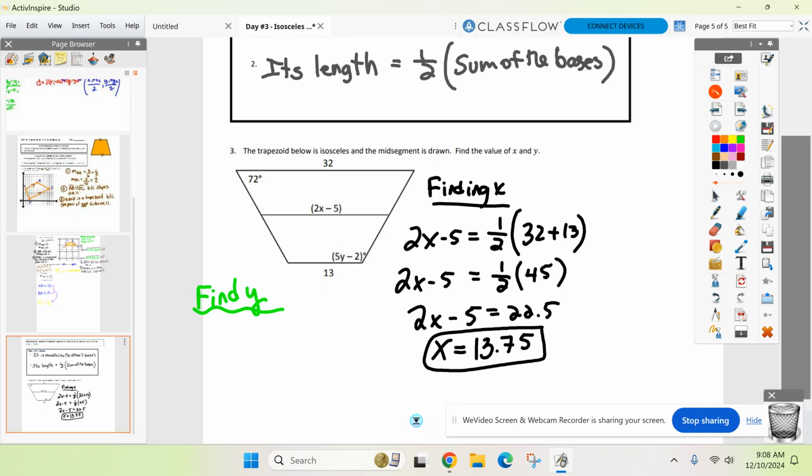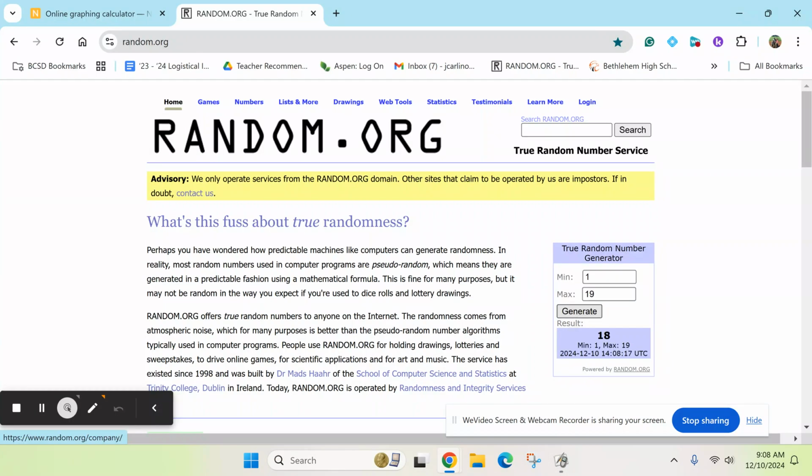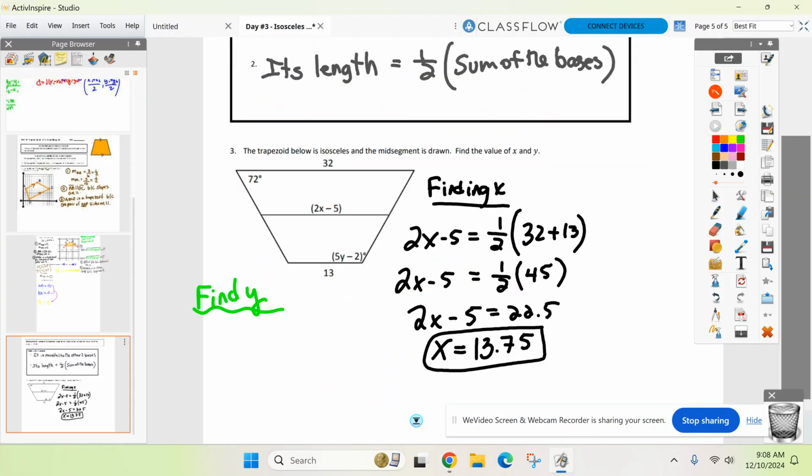I believe you can plug in 72 somewhere else based on your properties. What do you know about the angles? Keating, what do you know about the angles of an isosceles trapezoid? They're equal. What are equal? Not all of them, but the base angles. Base angles. So that's why I said you could place another 72 and that's where it can go.